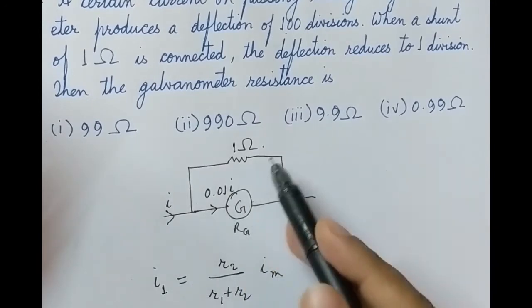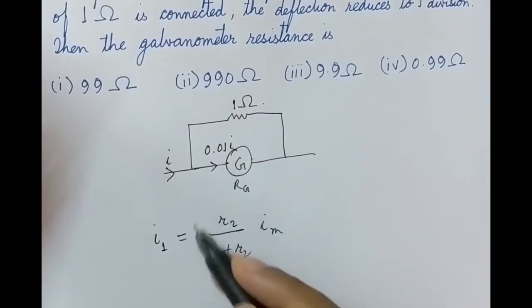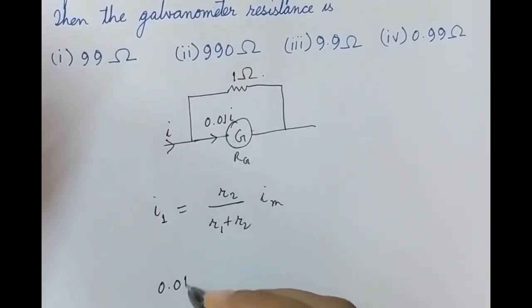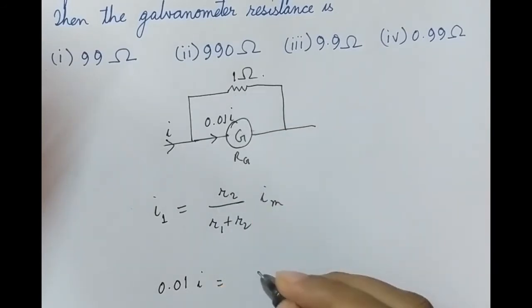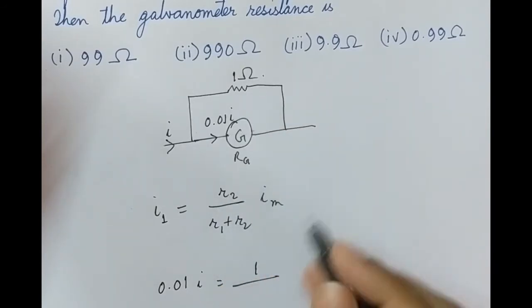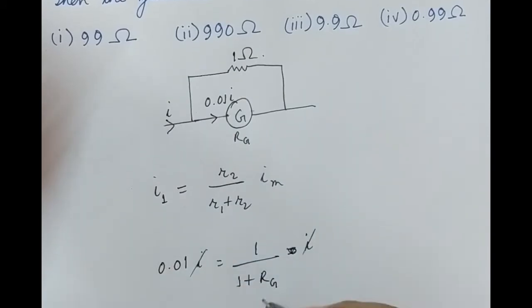So if we put that formula with the values given here, the branched current which we want here is 0.01 I. The R2 is the other resistance, that is 1 ohm in our case, and the sum of the resistances is 1 plus Rg. That multiplied with the main current which was coming in as I. You can cancel out the I's on each side.